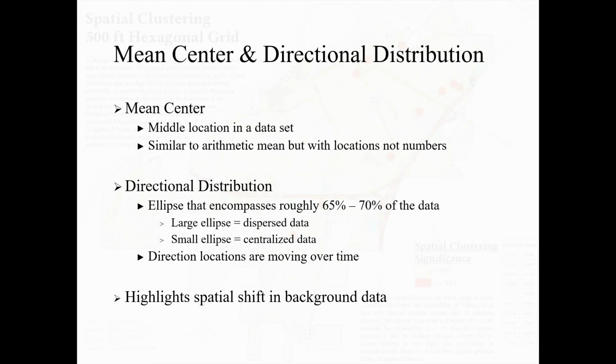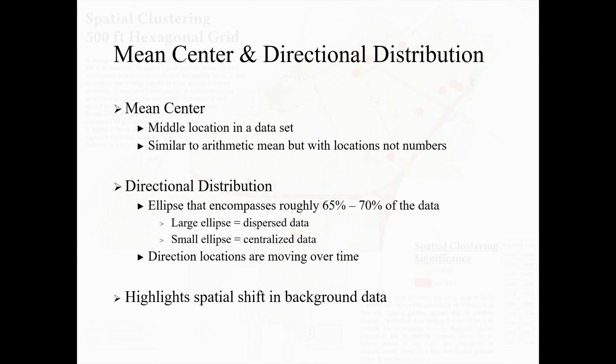So there's mean center, which basically shows just like the arithmetic mean, right, which shows the middle number, the middle location of a numerical data set. The mean center in a spatial data set shows the middle location of all of the data points. And then directional distribution is a shape.